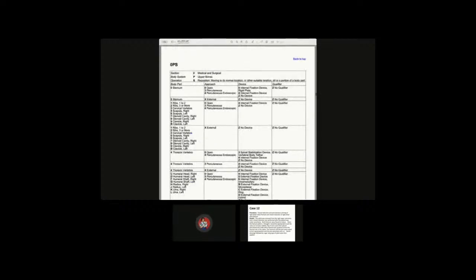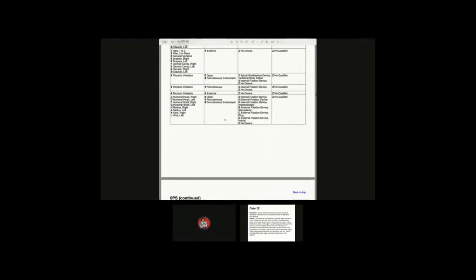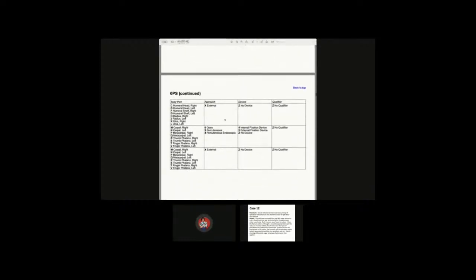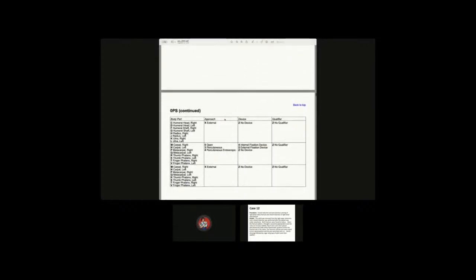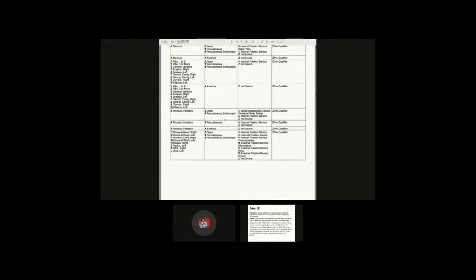So that's cool because we can build our code from the same table. One thing I do want you to pay close attention to is that in some instances, your table continues on the next page. And so you can see the 0PS table is pretty long. Okay. So for the radius, let's grab that first.